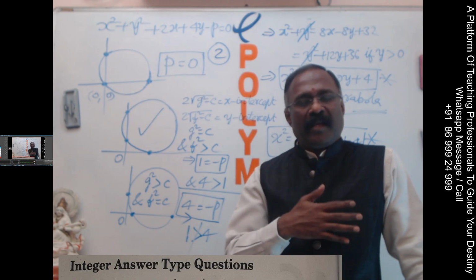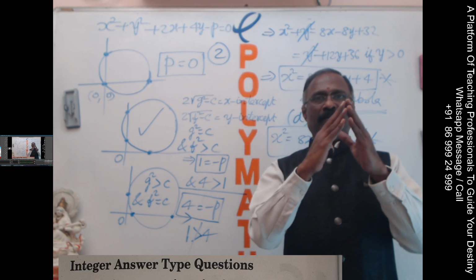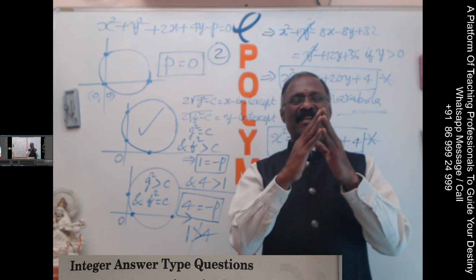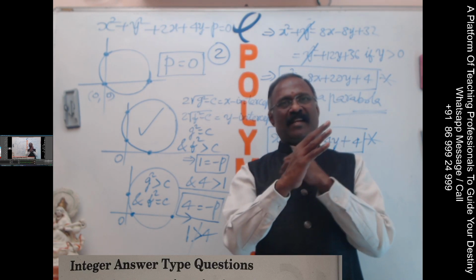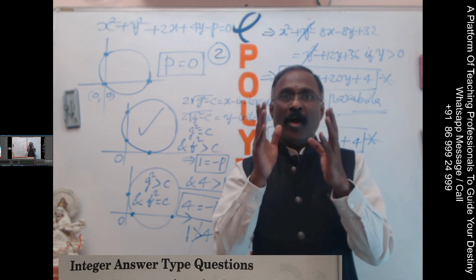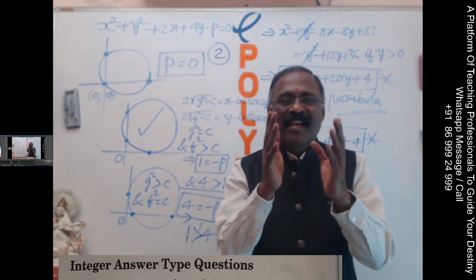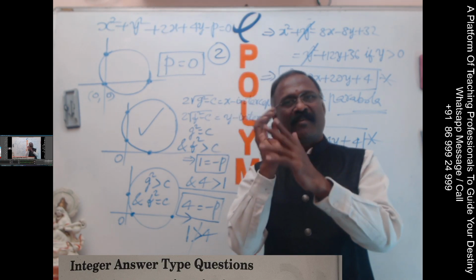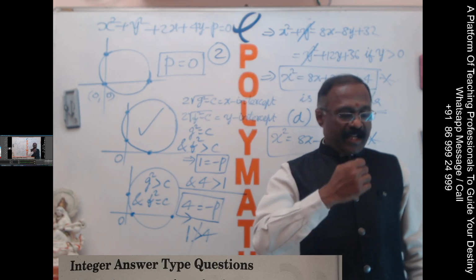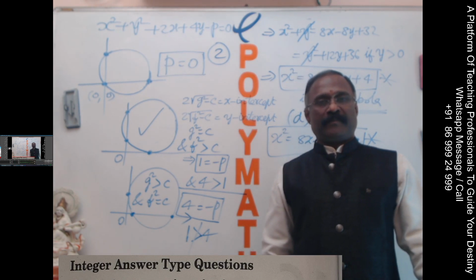Similarly at t2 also the same. If you solve the tangents drawn at t1 and t2 to the parabola, the point of intersection you get is a t1 t2 comma a into t1 plus t2.